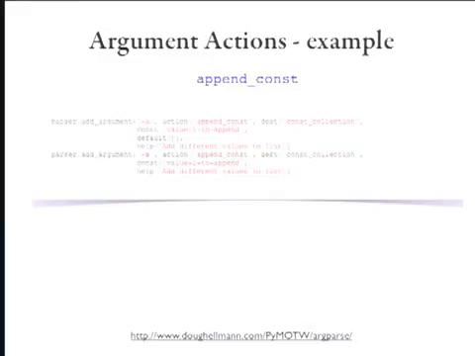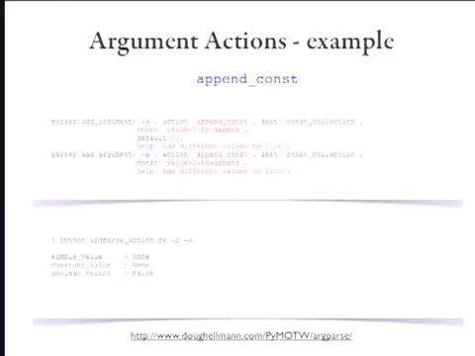So here we can do python argparse action.py minus b minus a, and then this will append the predefined constants to this constant collection list. And you can put multiple A's and B's there and allow them to move on to the list.